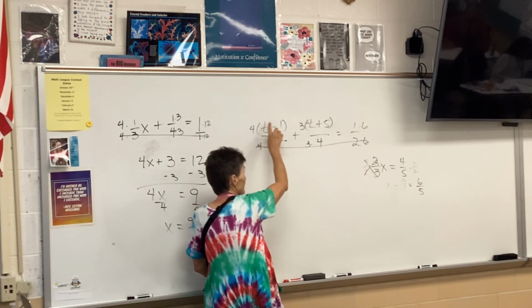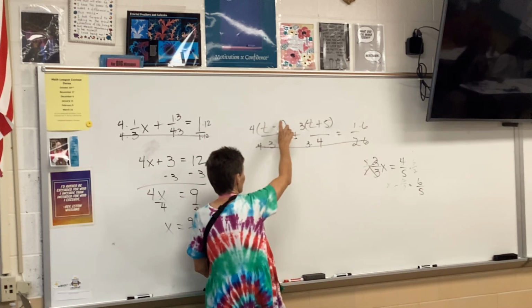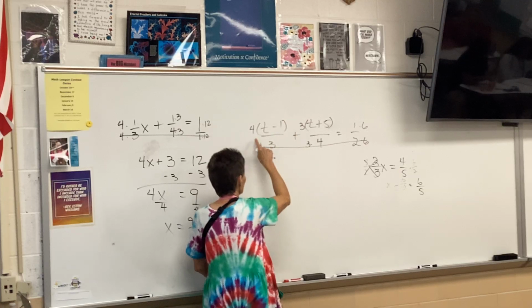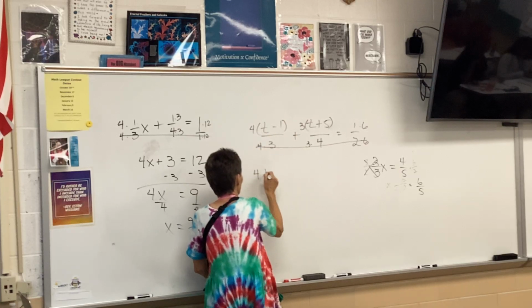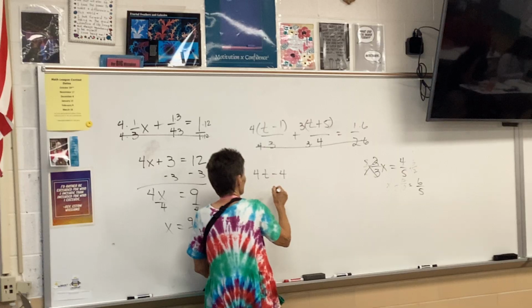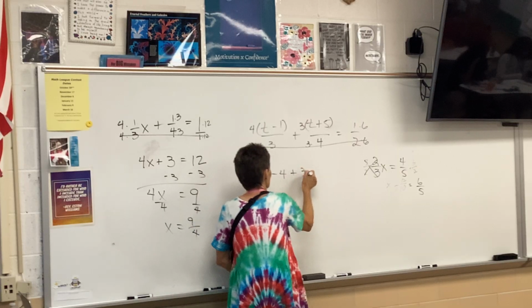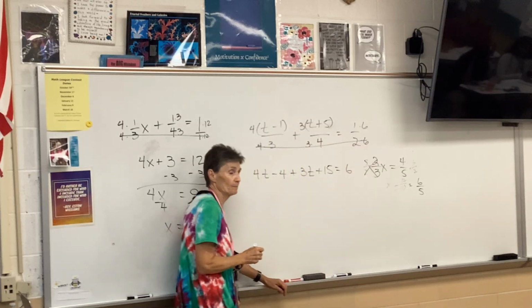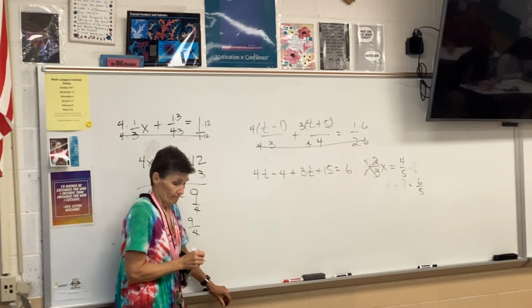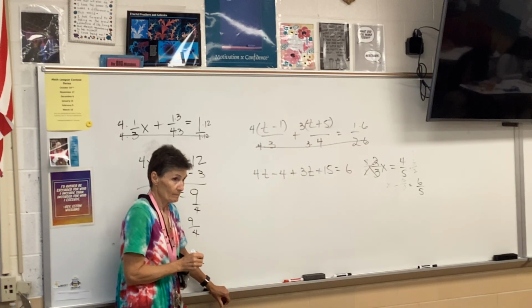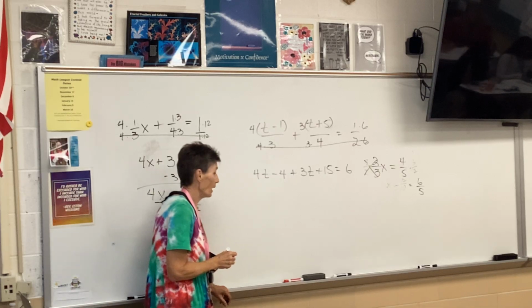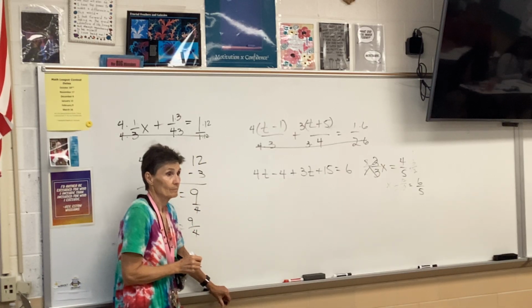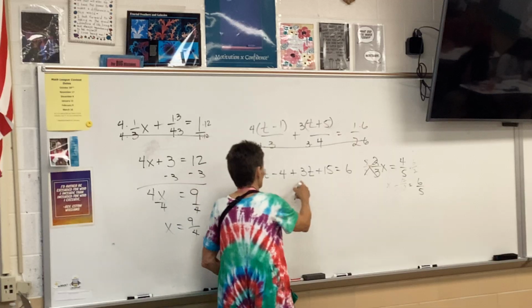Don't forget, this is a distributive up here. I was careful to include parentheses to remind myself that's a distributive. So 4t minus 4 plus 3t plus 15 equals 6. Everybody still with me? Okay, so now what? Add the 4t and the 3t. Collect these.